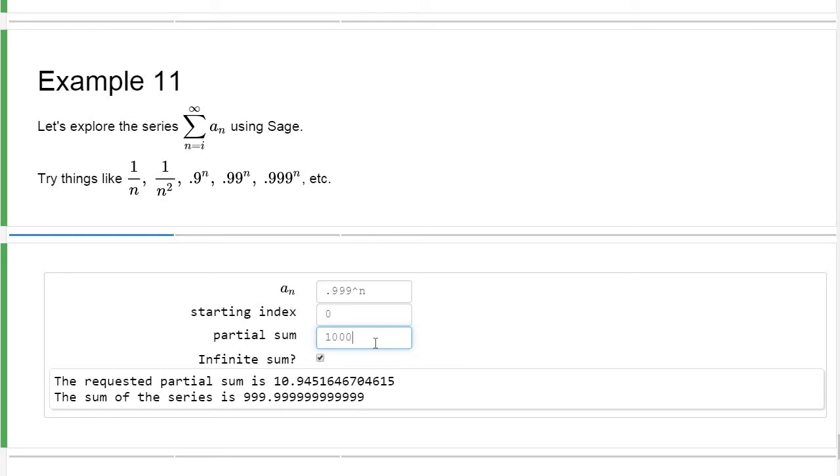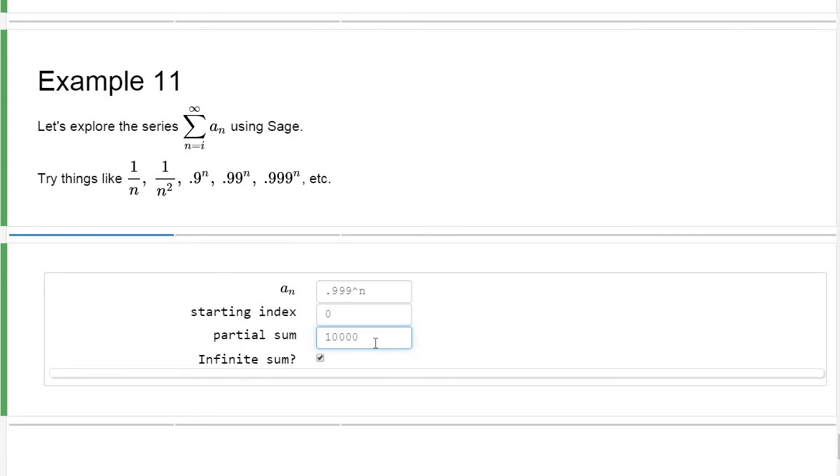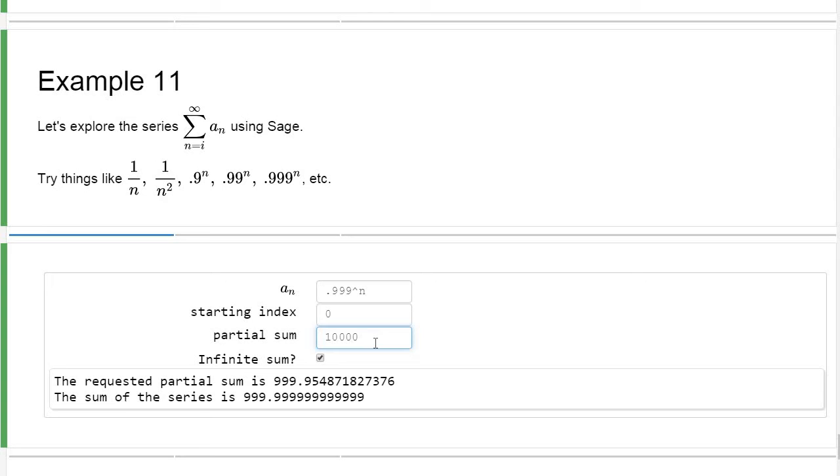And let's go up here, 1,000 partial sum. This one actually grows not that fast. So there's 10,000 terms, and I got 999.95. Okay. And the bigger we make this guy, the closer it gets to 1, the bigger the sum becomes.